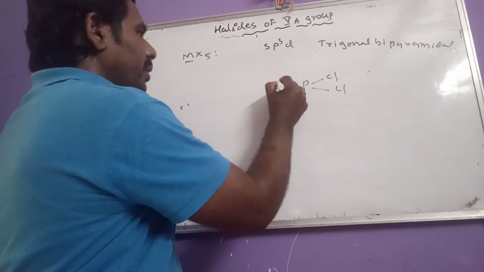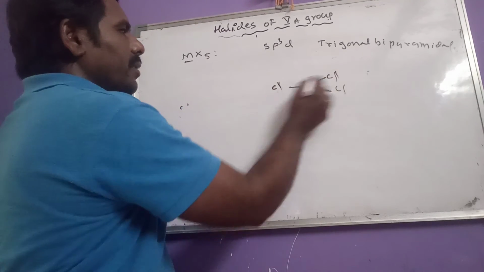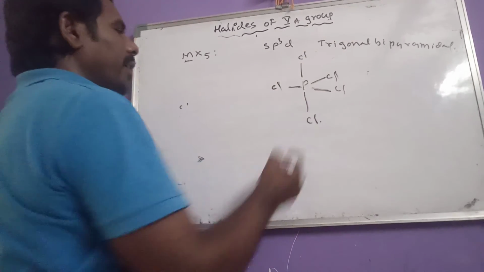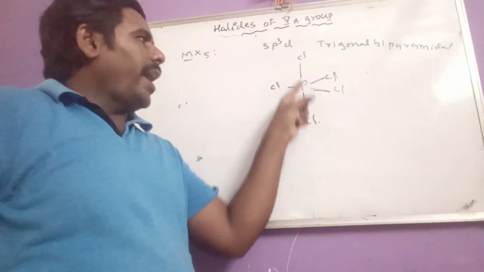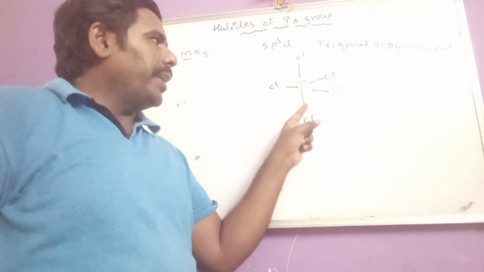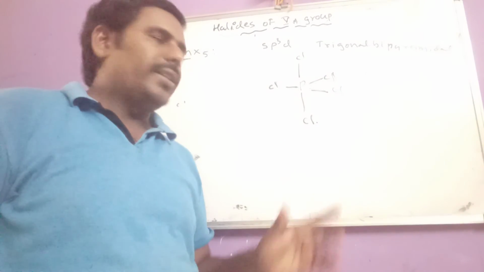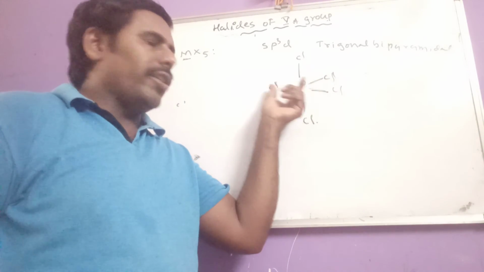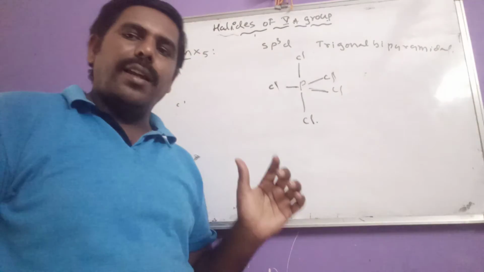Three chlorine atoms are present at the corners of a triangle, and one chlorine above the plane, one chlorine below the plane. An important question here: the axial bond length in PCl5 is greater than the equatorial bond length. So the axial P-Cl bond length is greater than the equatorial P-Cl bond length in PCl5.